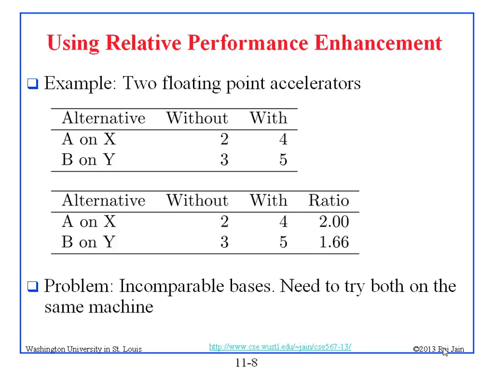It went from 2 to 4. When I used accelerator B on machine Y, not on X, its performance went from 3 to 5. Now the ratio with A was 2, with B it is 1.66. So which accelerator is better?